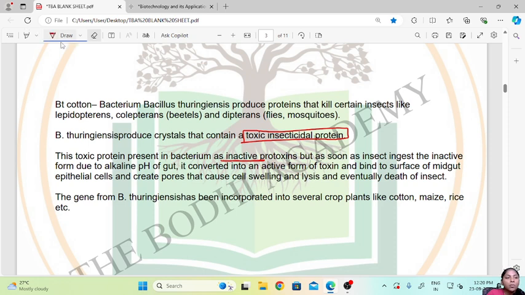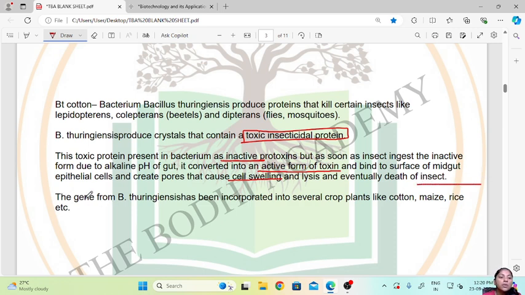The inactive form becomes active in the gut because of the alkaline pH, and it binds to the surface of midgut epithelial cells and creates pores that cause cell swelling and lysis, lysis meaning the breaking of the cells, and eventually it leads to the death of the insects.